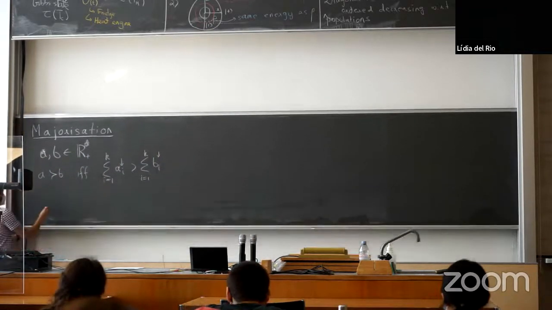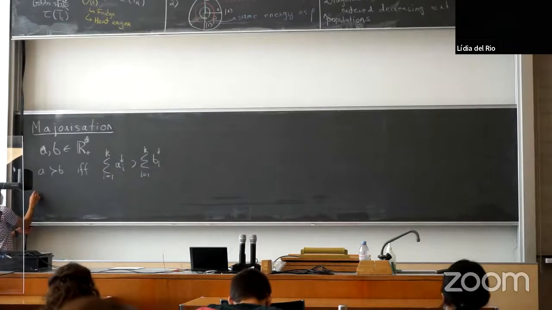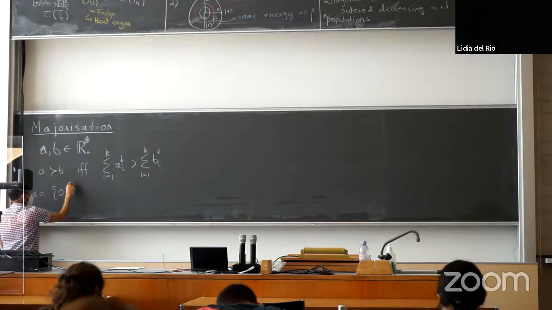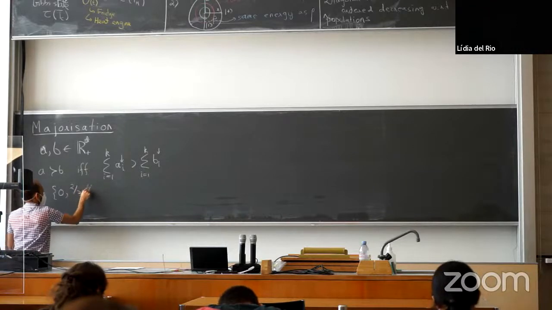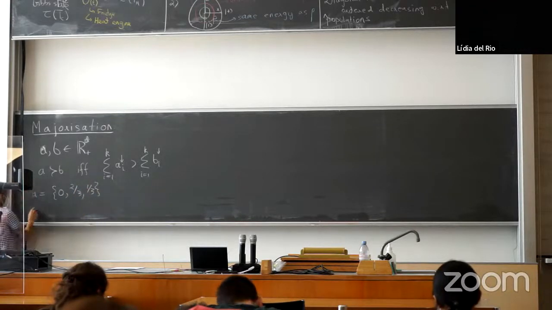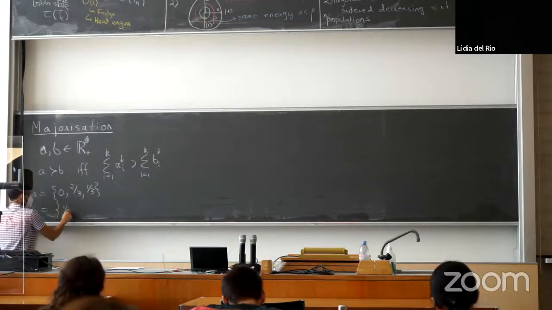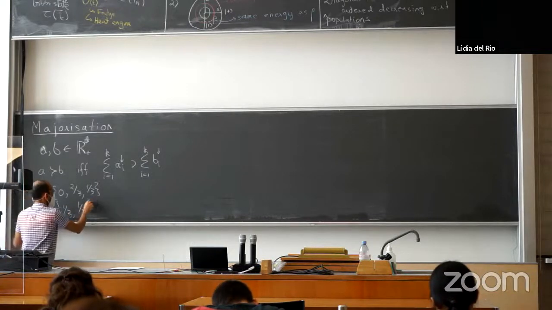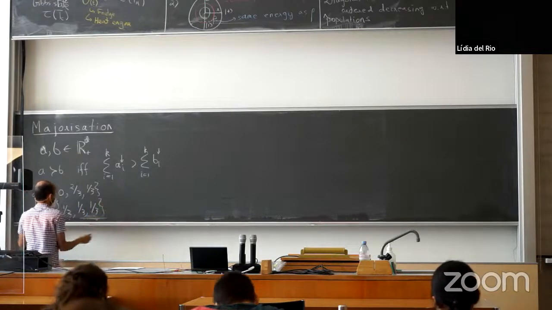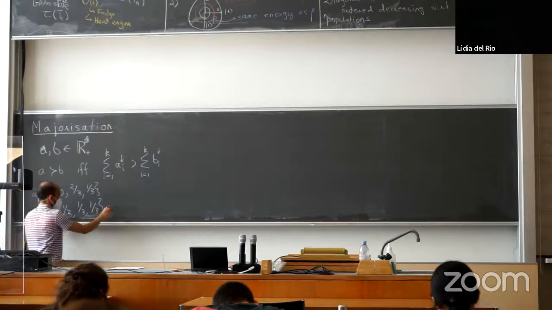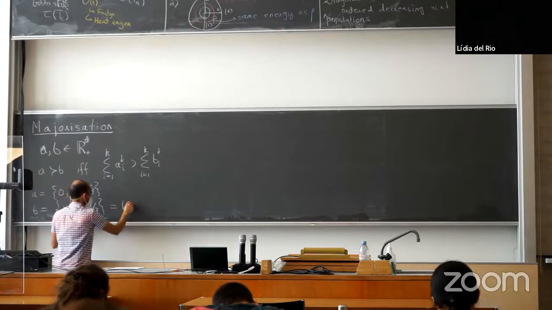So, as an example, this is an example I've used repeatedly. Let me take A to be 0, 2 over 3, 1 over 3, and B to be 1 over 3, 1 over 3, 1 over 3. So B is already, all the elements are equal, so B is already ordered in some sense.